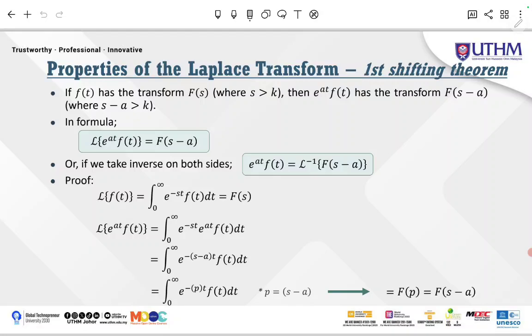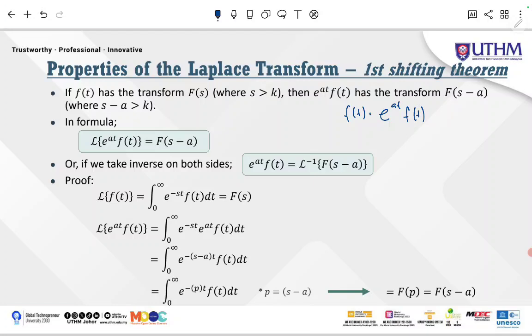Let's say we have the function f(t) equal to e to the power of at times f(t).